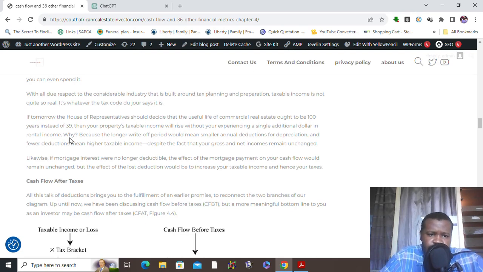Why? Because the longer write-off period would mean smaller annual deductions for depreciation, and fewer deductions means higher taxable income, despite the fact that your net operating income remains unchanged.